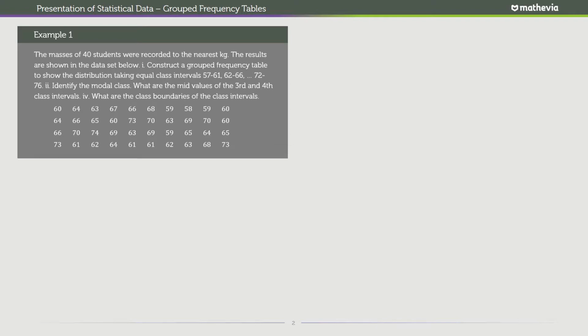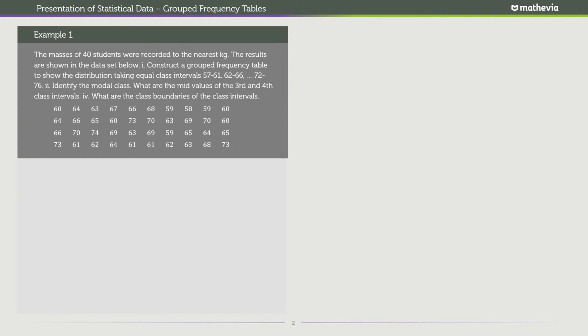Construct a grouped frequency table to show the distribution, taking equal class intervals 57 to 61, 62 to 66, and so on. Then we've been asked to identify the modal class. The modal class is the class with the highest frequency, very simple. And then we've been asked what are the mid values of the third and fourth class intervals, and what are the class boundaries of the class intervals.